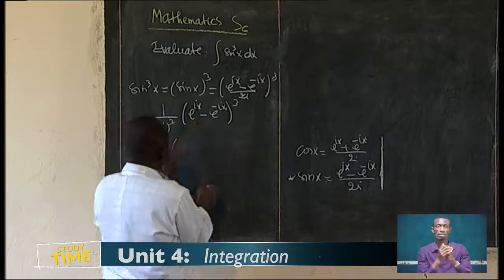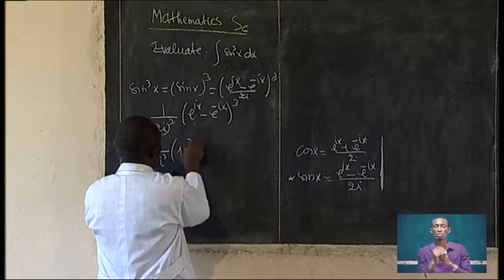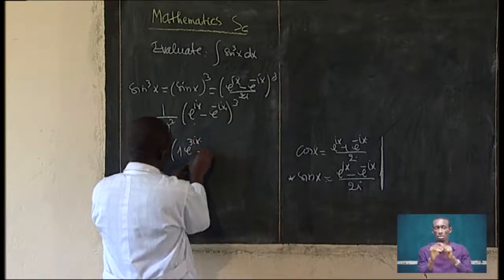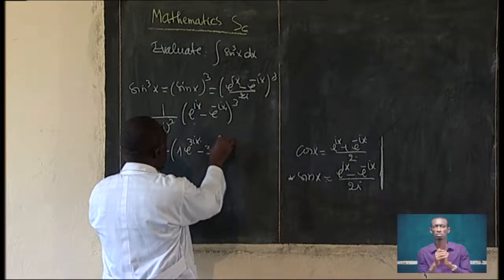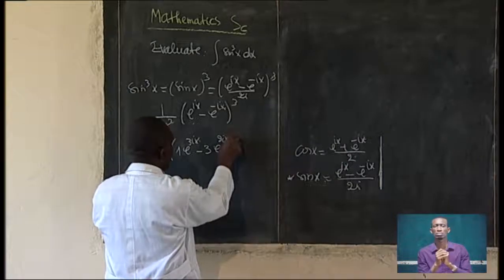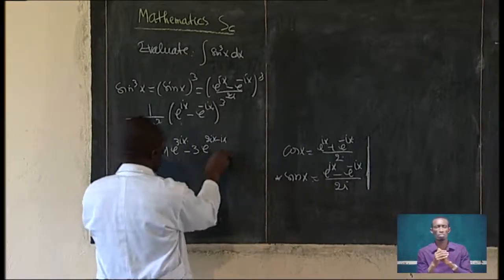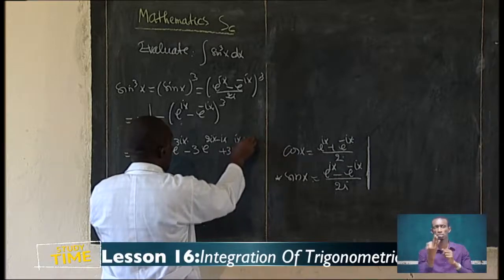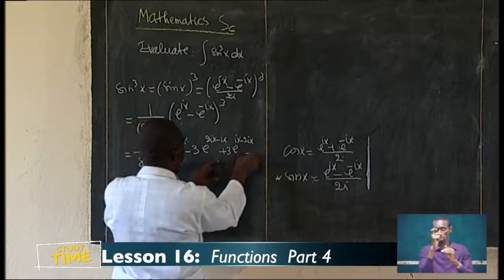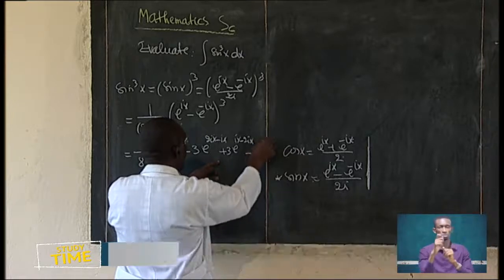And here we have 1 e power 3ix minus, pay attention, 3 e power 2ix minus ix, plus 3 e power ix minus 2ix, then minus e power negative 3ix.